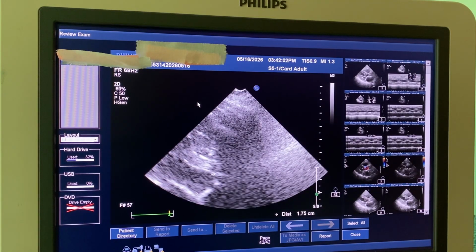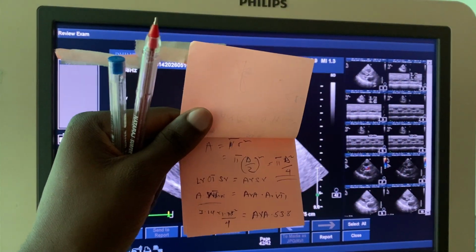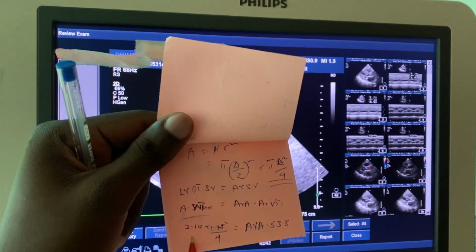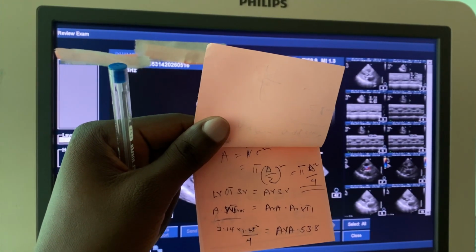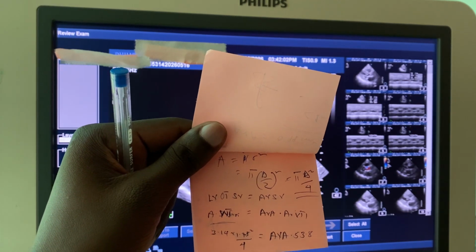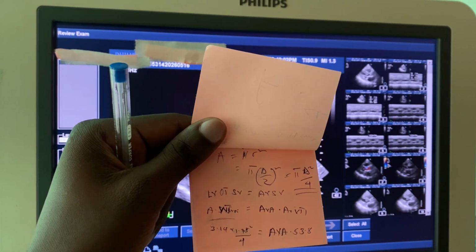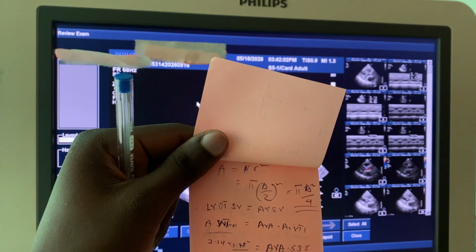We calculated our area the other time. The area was 3.14, that is the pi, times 1.75 squared over 4, and the area will come up.